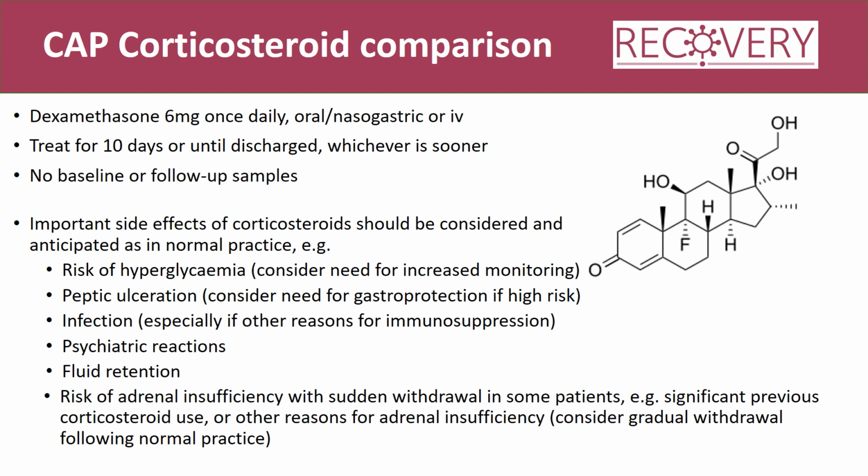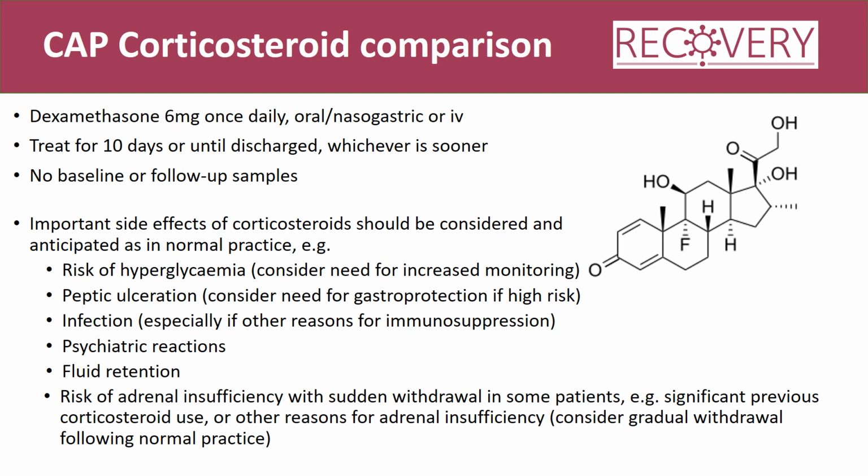For example, hyperglycemia is common, particularly in those with diabetes, so consider whether there's any need for increased monitoring. Steroids increase the risk of gastrointestinal bleeding somewhat, by about 30 or 40%, so consider the need for gastroprotection in those at high risk. Whilst on steroids, patients will be at increased risk of opportunistic infection, especially if they have other reasons for immunosuppression.